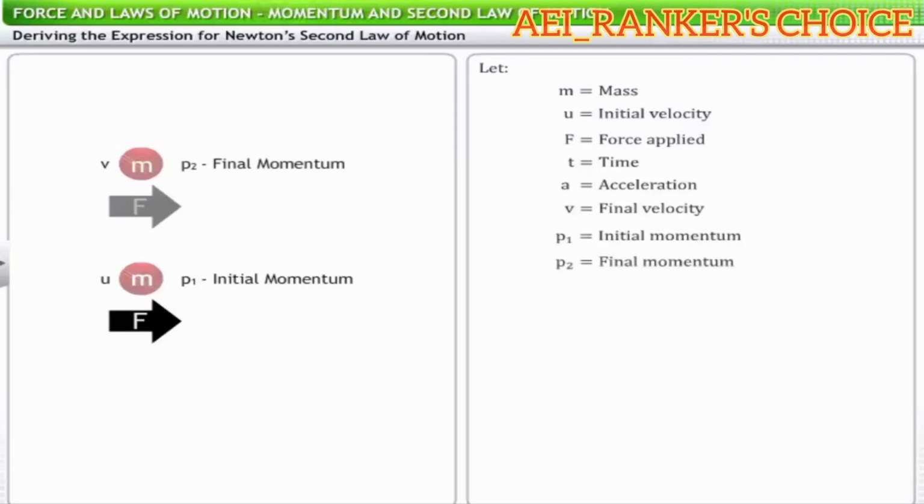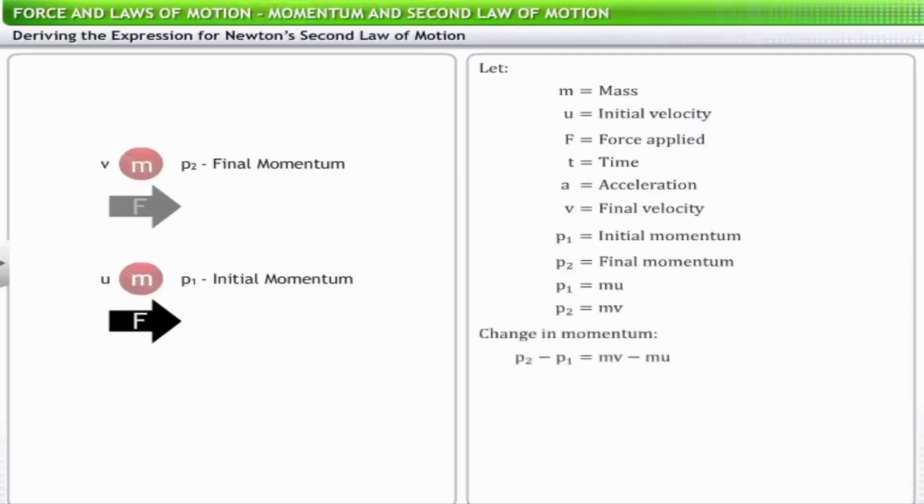By the definition of momentum, P1 is equal to mu. P2 is equal to mv. Hence, the change in momentum is P2 minus P1, which is equal to mv minus mu, or m multiplied by (v minus u).